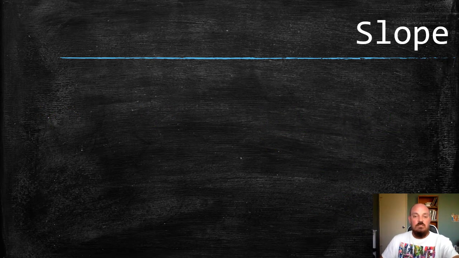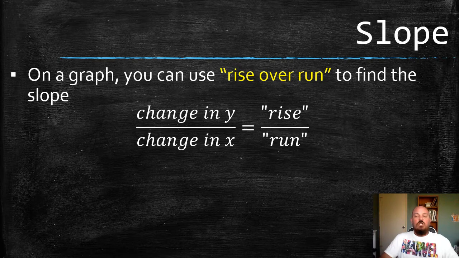Now the last part of this lesson is to talk about something called rise over run. So let's say instead of 2 points on the line, you have the actual graph of the line. A lot of times we use a trick, we call it rise over run, to find the slope.